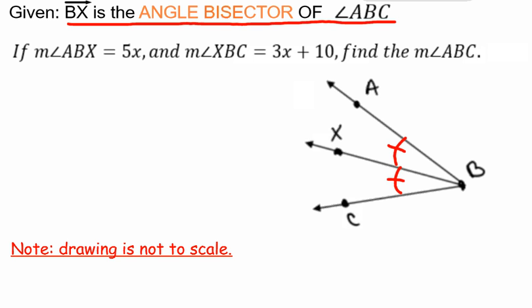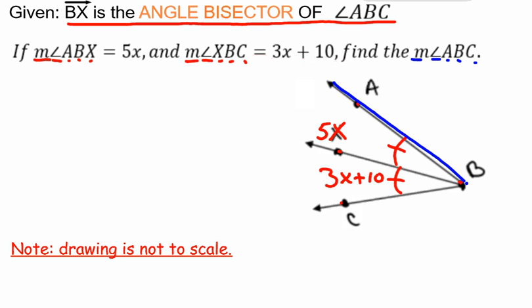If the measure of angle ABX equals 5x, and the measure of angle XBC is 3x plus 10, find the measure of angle ABC. So here's the angle ABC.